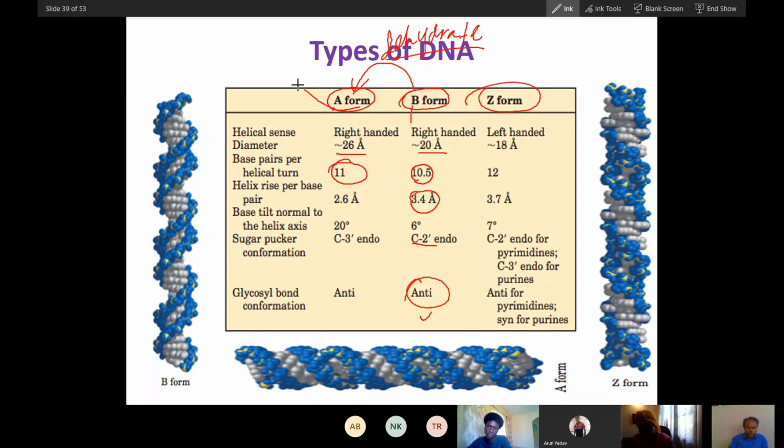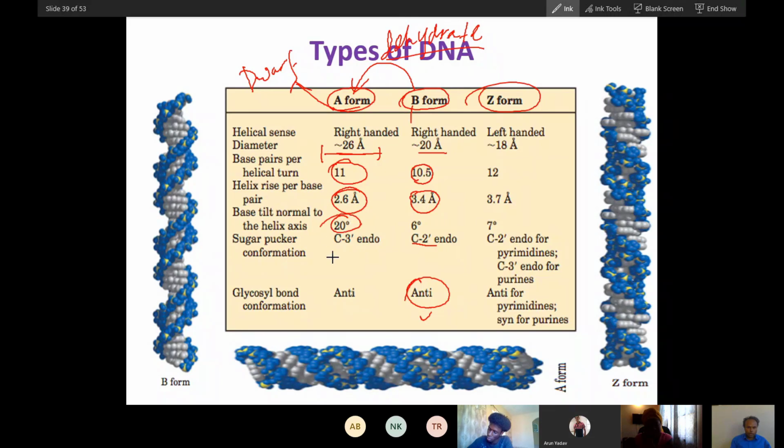A is a dwarf DNA. Width will increase, but length will decrease. In that condition, the distance between base pairs will lessen, and the angle with the axis also increases.